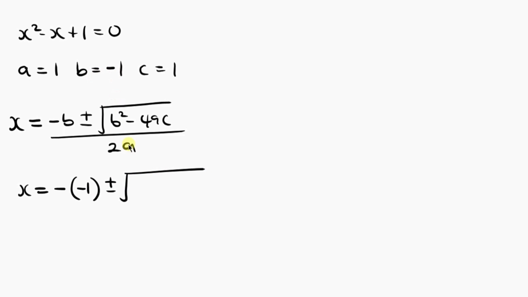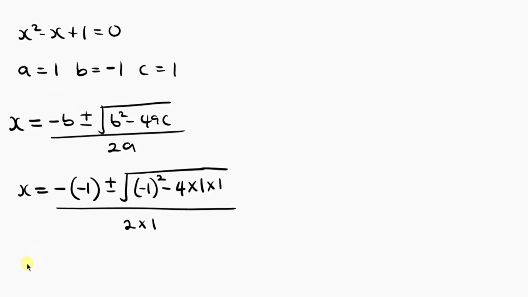Remember, b is minus 1. So I'm going to put minus 1 squared minus 4ac. 4ac means 4 times a. A is 1 and c is also 1. Very good. So all over 2a, which is 2 times 1.